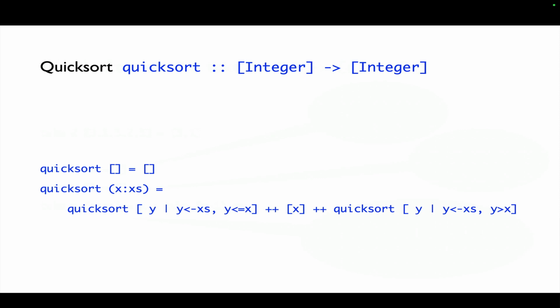And then, if the list is non-empty, if its first element is x and the remainder is x's, we do the following. We select the elements from the list that are no bigger than x and sort them. Then we have the element x, and then we sort the elements from the list that are actually bigger than x.